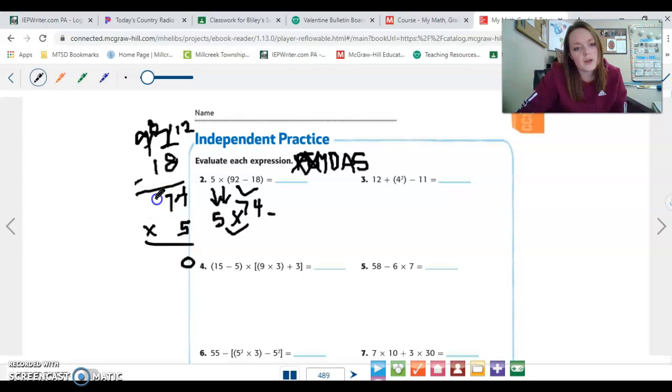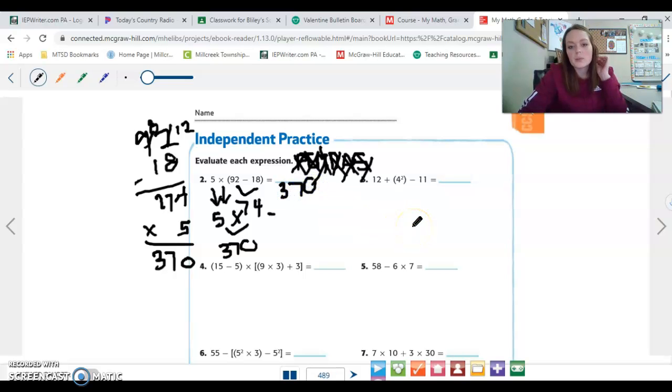Put my 0 below, carry my 2. 5 times 7 is 35, plus 2 more is 37. And my answer is 370. I did multiplication, there's no division, no addition, and no subtraction. So my answer is 370.